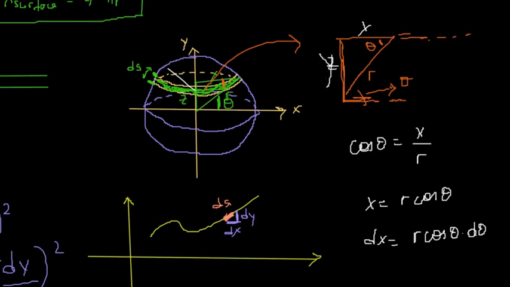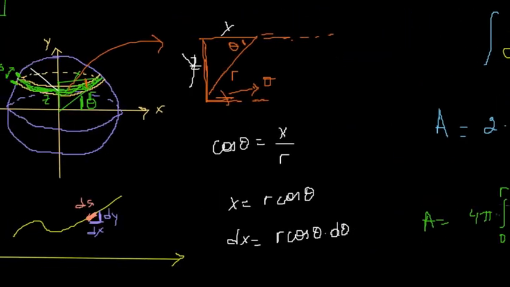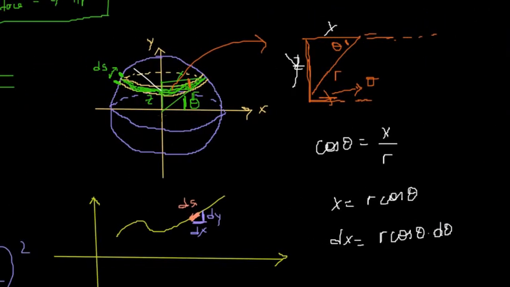Because this whole equation is driven by y here, just to make it easier to plug in. And here is y. So sine of theta is in this case going to be y divided by r, or y is equal to r sine of theta, but we will go with x.